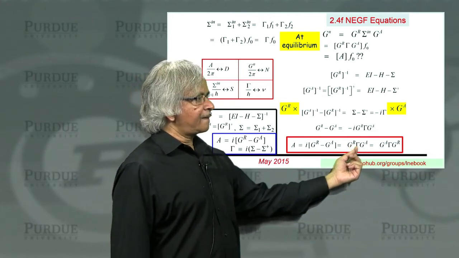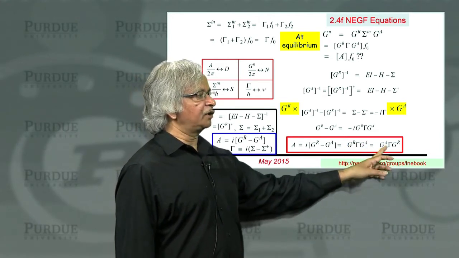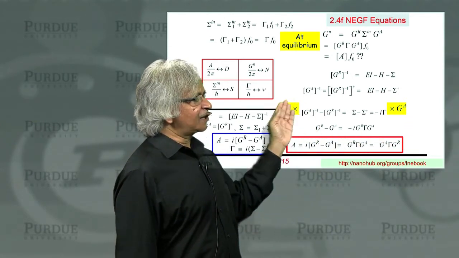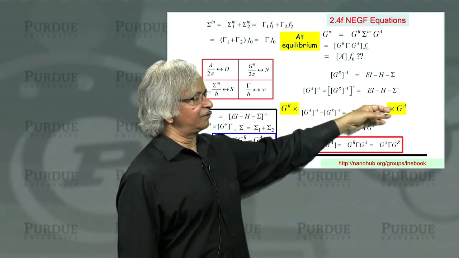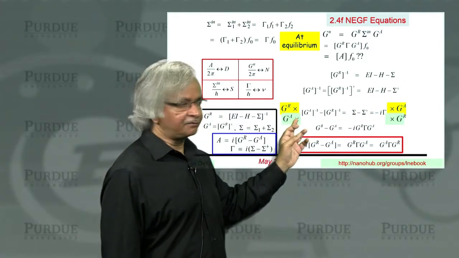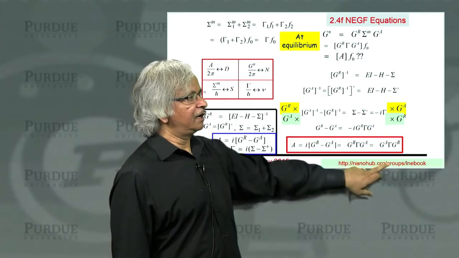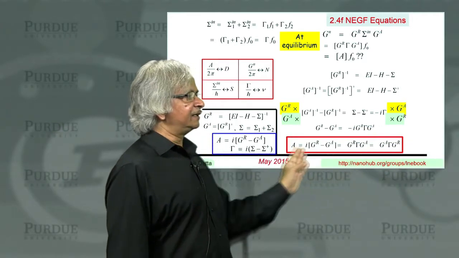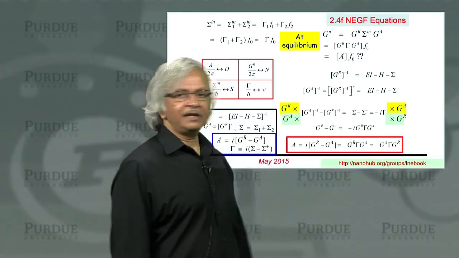Interestingly, it's GR gamma GA, but it could have been GA gamma GR just as well, because instead of multiplying from the left with GR and from the right with GA, I could have done the reverse and got that. So that's just for completeness, an identity that is often very handy.